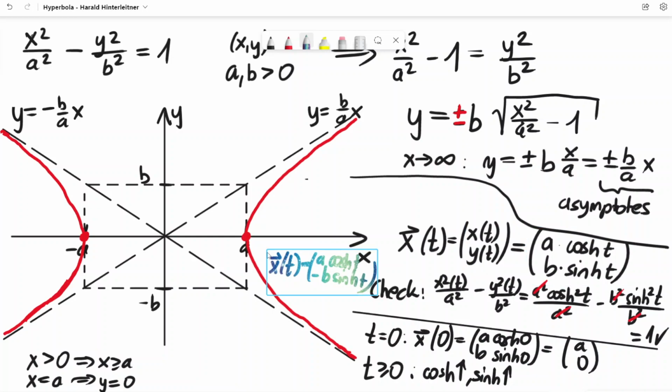And the same idea on the left side. Here the x values are negative, so a minus in front of a for the left upper branch. And here is a plus, and for the last branch here, in the third quadrant, you need 2 minus.